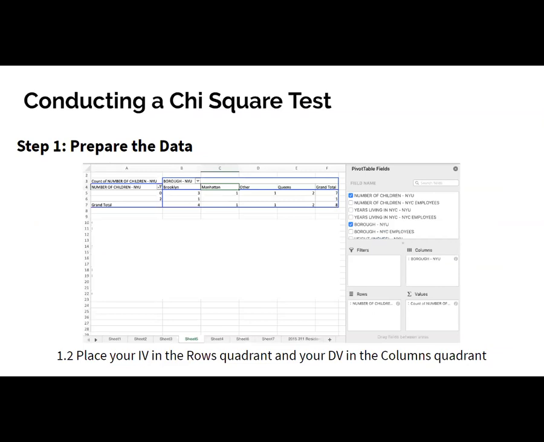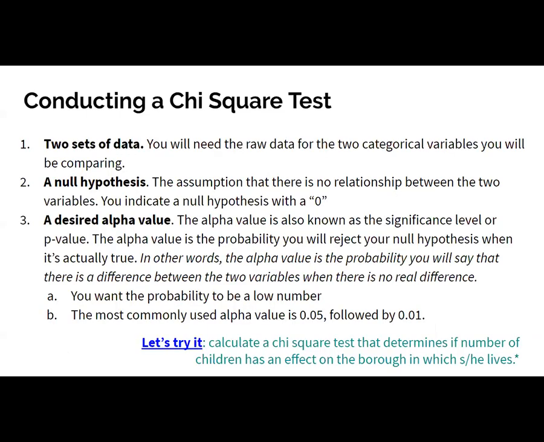What we're going to do is take our first independent variable. So for us, it'll be borough. The question that we're asking is, does the number of children a person has affect the borough in which a person lives?